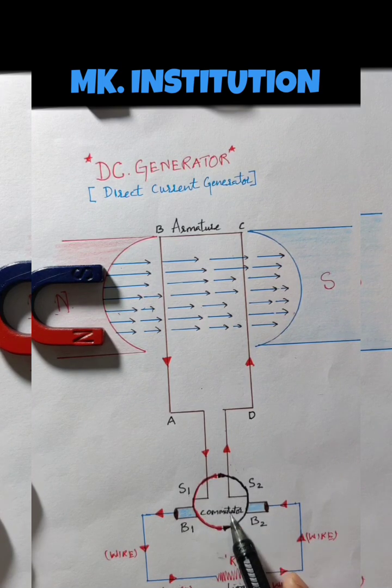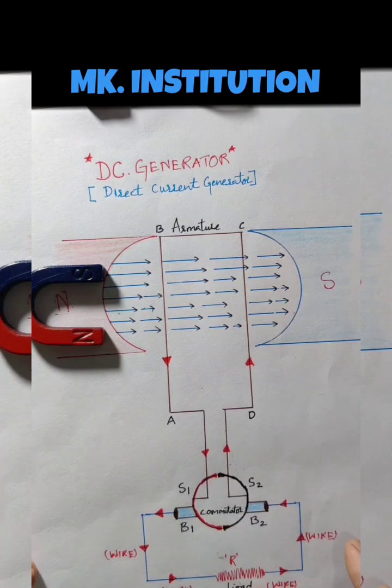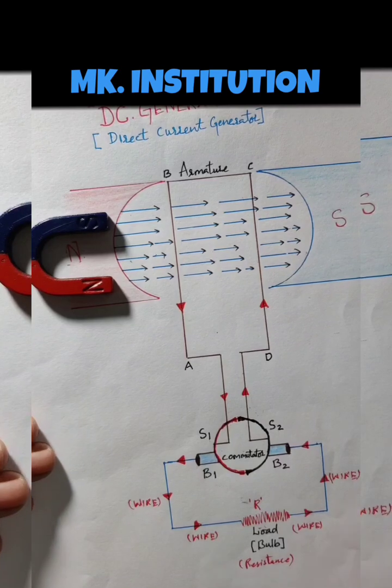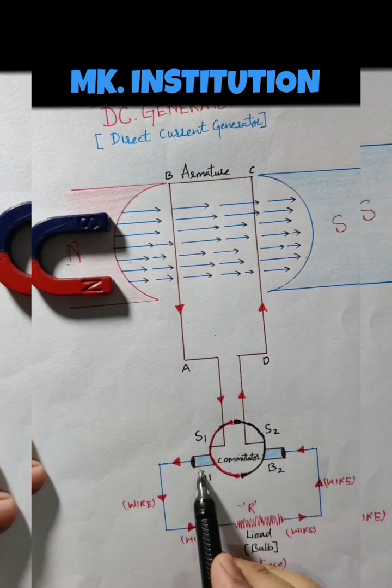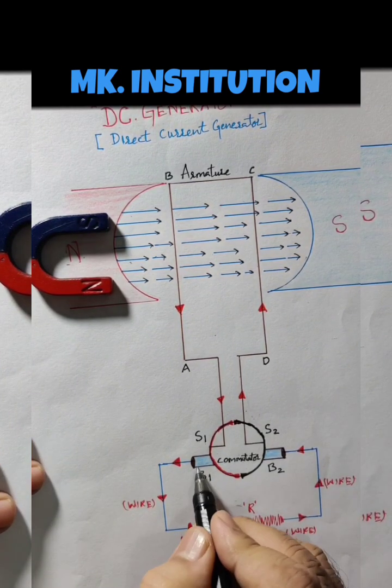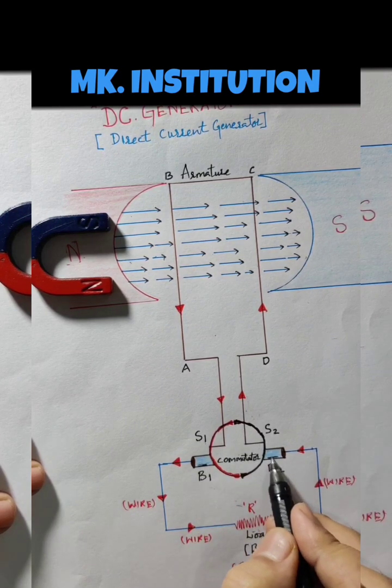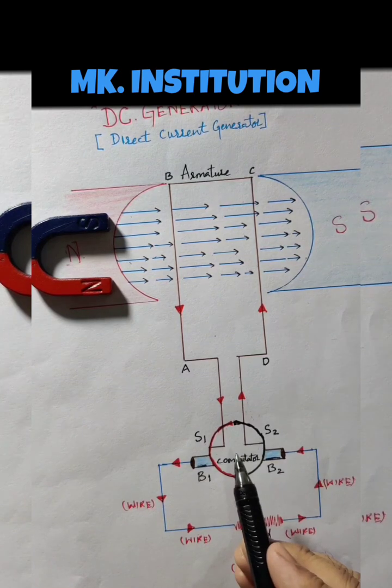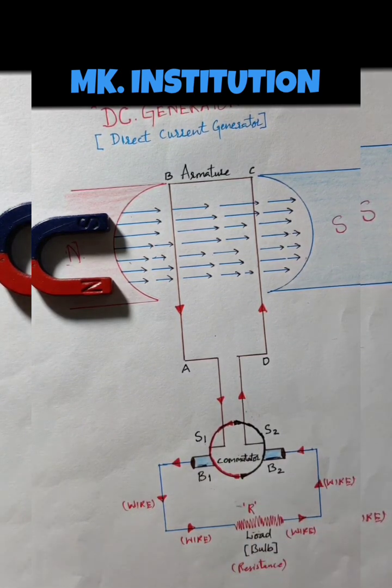S1 and S2 are called commutators, the slip rings. Brushes will never change in this. These are the carbon brushes. They are common and will not move here, but only the slip rings can move. Hope everybody has understood.